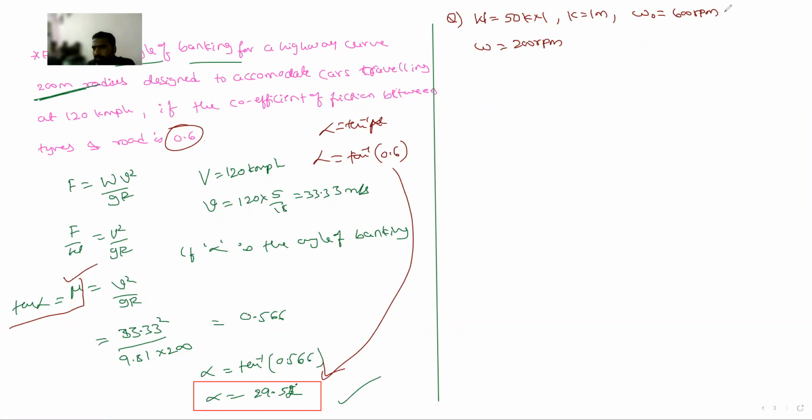So how to convert this RPM into radian per second? That is 600 into 2 pi by 60. So you will get the answer in terms of radian per second. So how much is it? 62.83 radian per second.